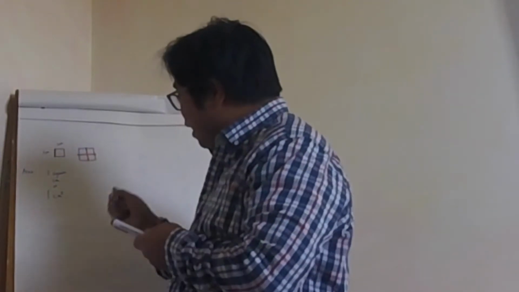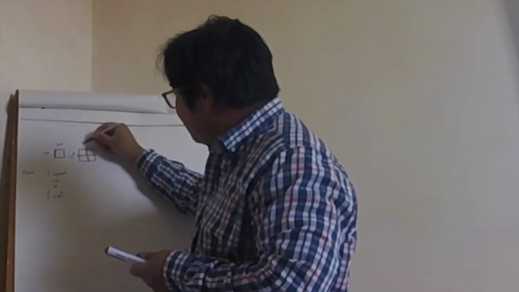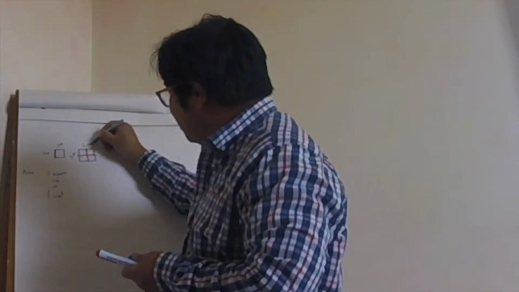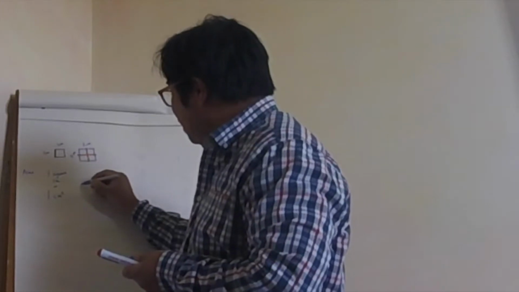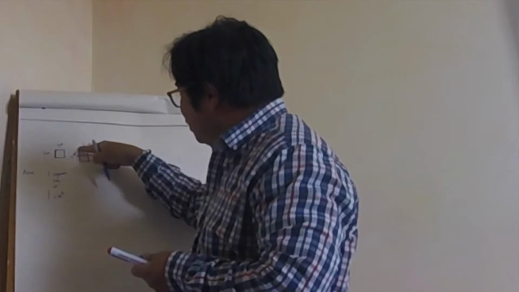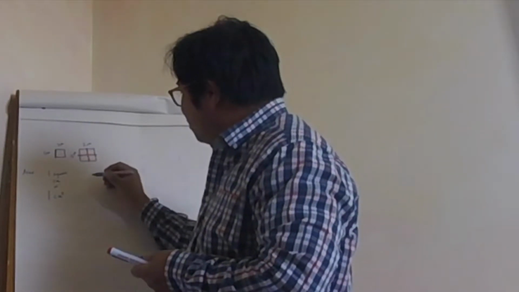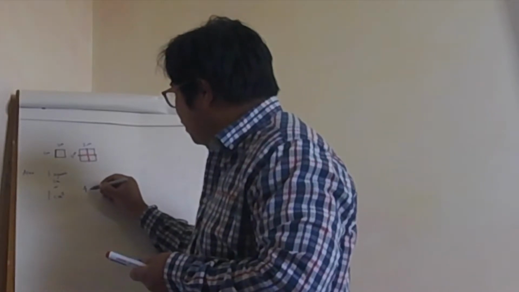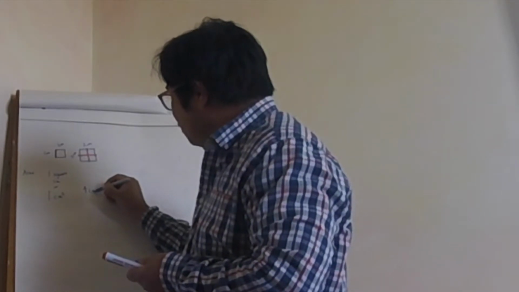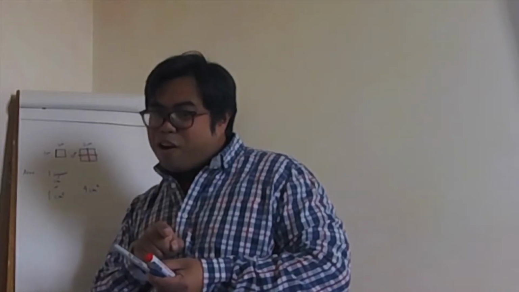Yes, so the area of the square which has 2 centimeters as its side is 4 centimeters squared, or 4 square centimeters. Are there any questions so far?